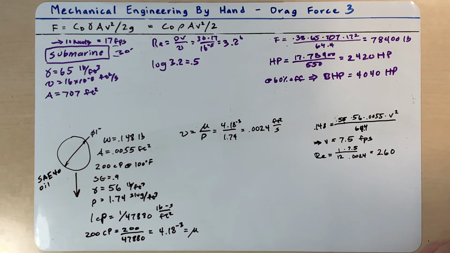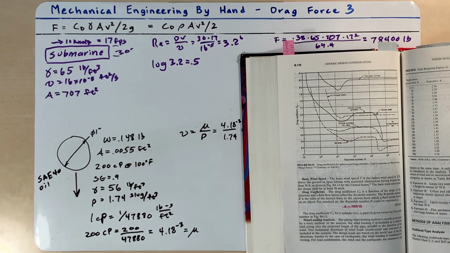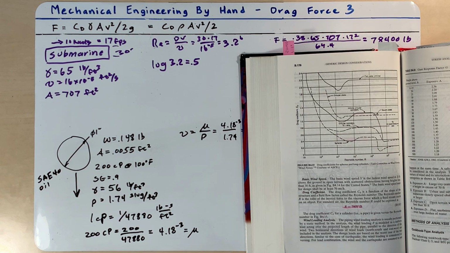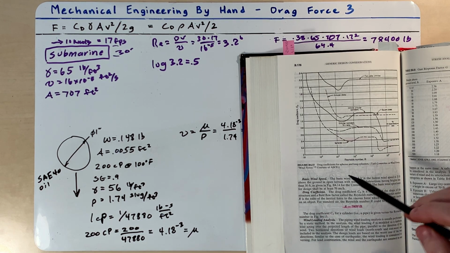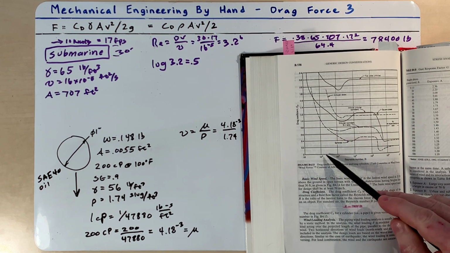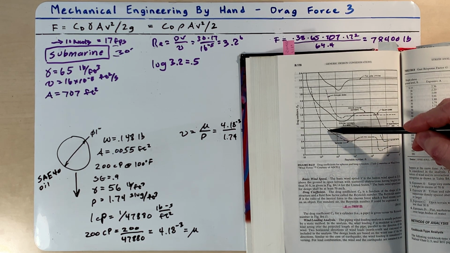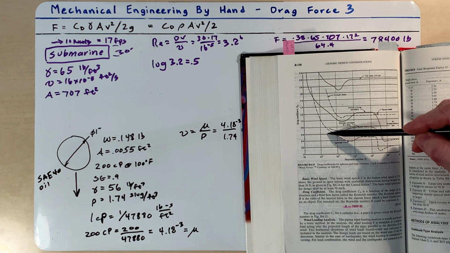So we're off a little bit. We need to make an adjustment. The log of 2.6 is 0.41. So the 260 would be between 100 and 1,000, and 41% of the way over. So about right here. And we'll say that that drag coefficient is 0.75.